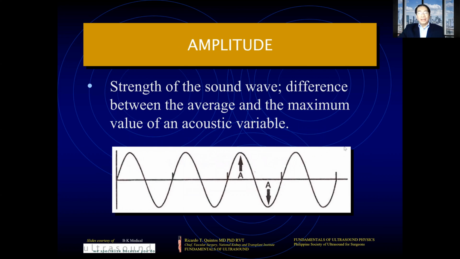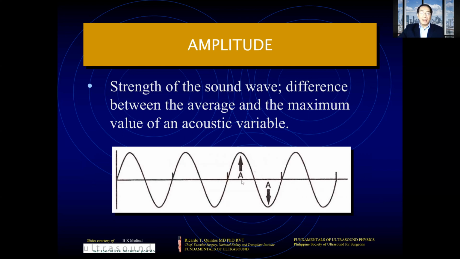The third property of a wave is called the amplitude. The amplitude is defined as the strength of the sound wave. The strength of the sound wave is basically the difference between the average and the maximum value of an acoustic variable. So you measure the height or the depth of the wave from the baseline, and that is the amplitude.